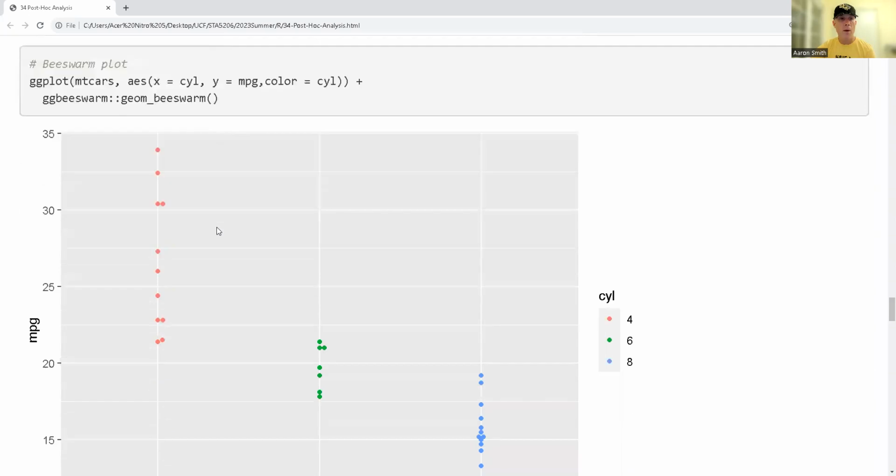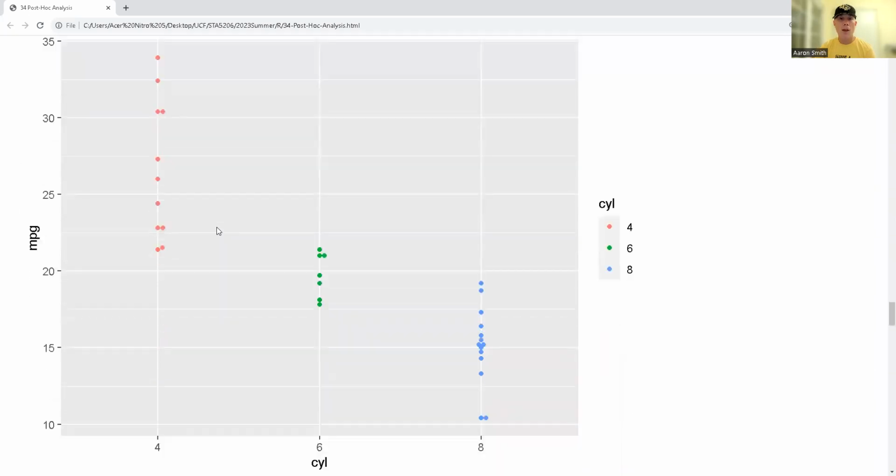Now, the next one is going to be a beeswarm plot. These aren't as common as other methods, but what we're doing is that for each of the factor levels, the group levels, I just put dot plots for their values, and visually we can see the difference between each of the groups pretty easily.